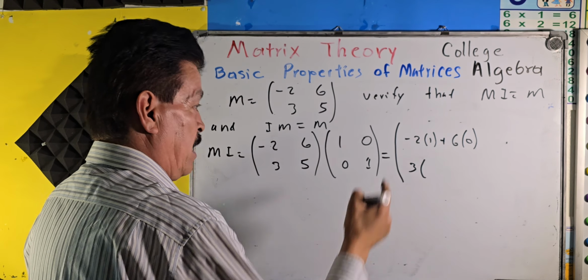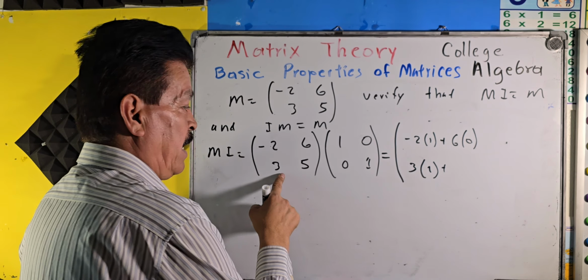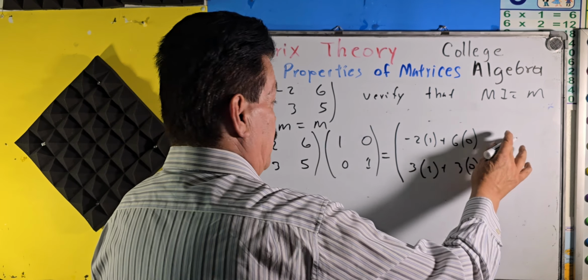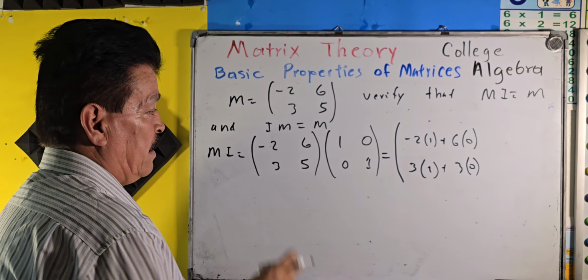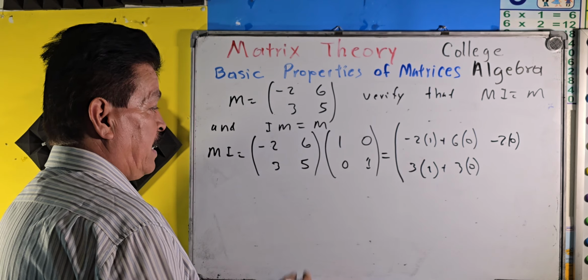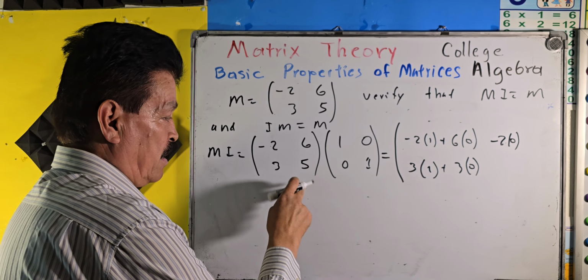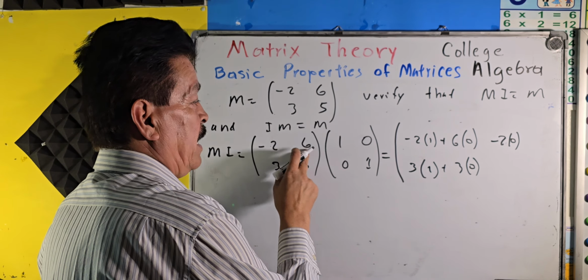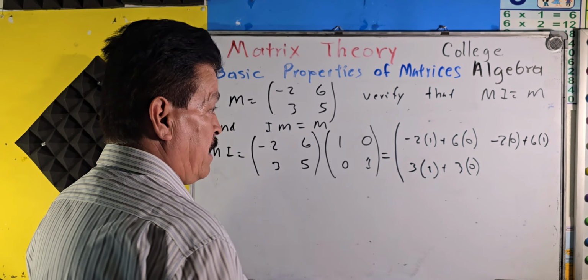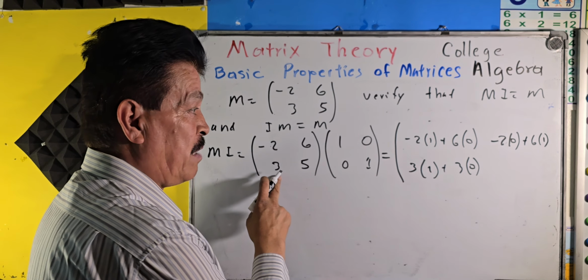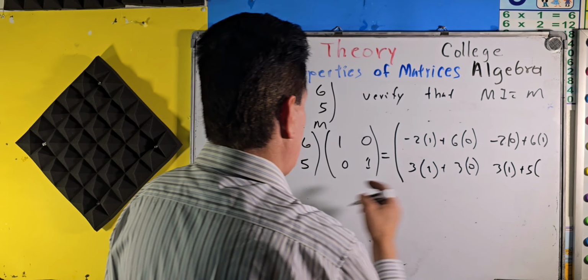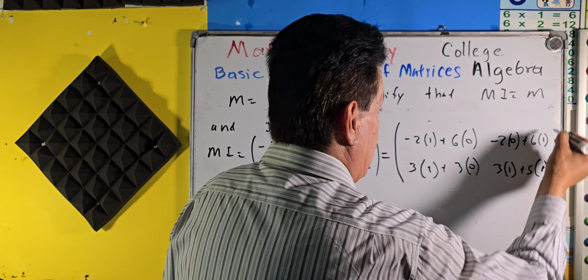Next one, -2 times 0 plus 6 times 1. And the bottom, 3 times 0 plus 5 times 1. All right, that's the matrix.